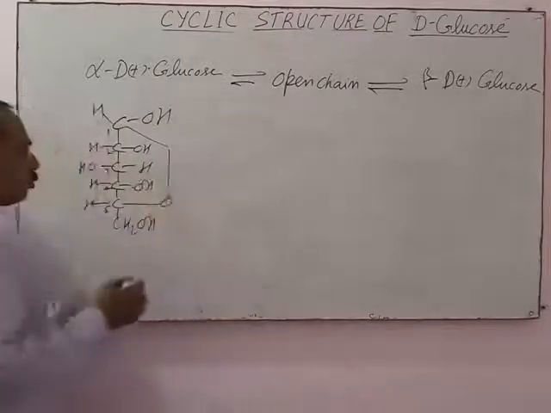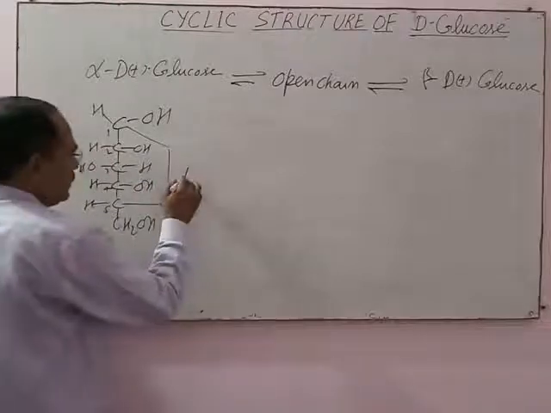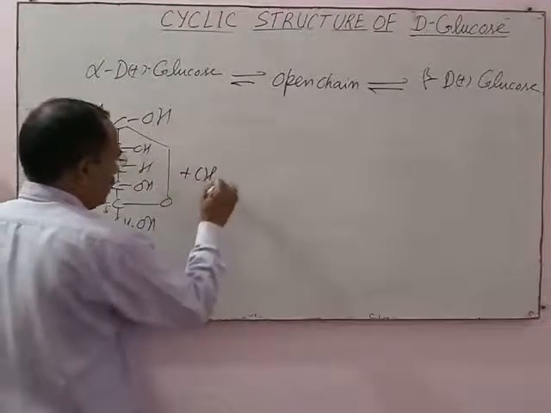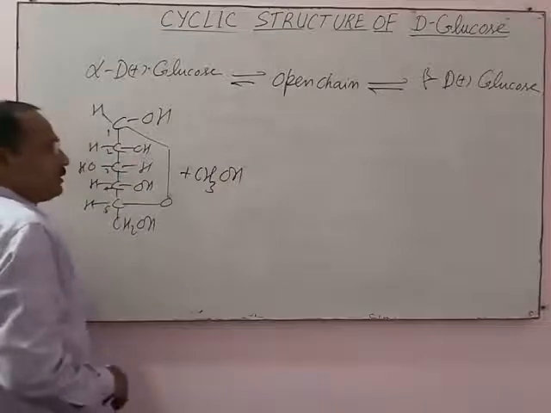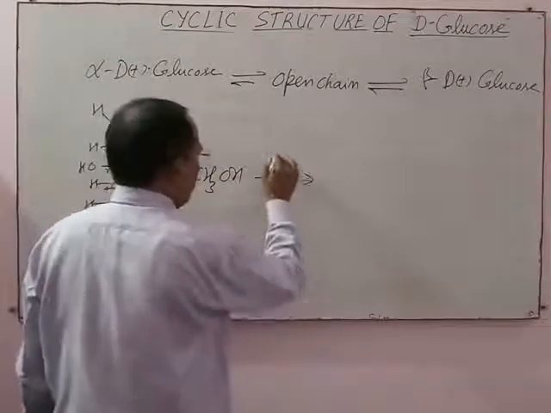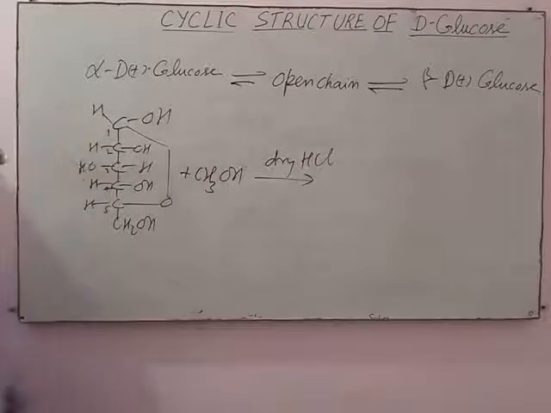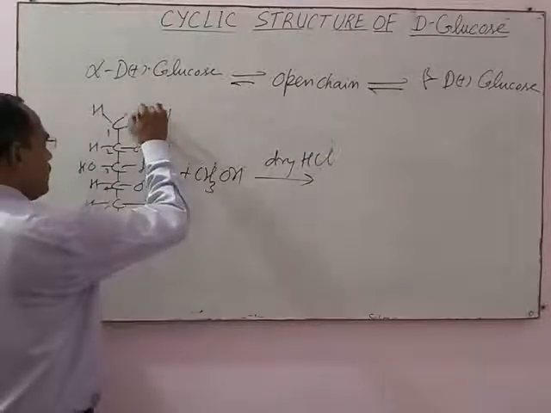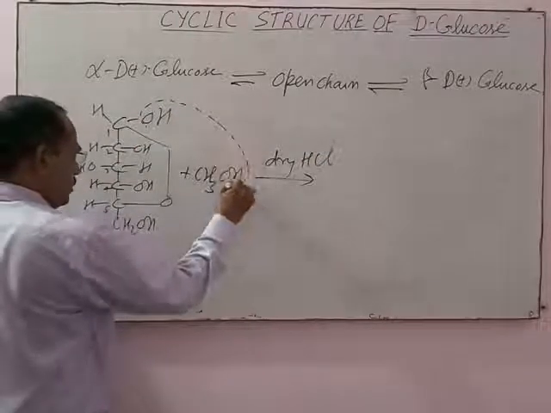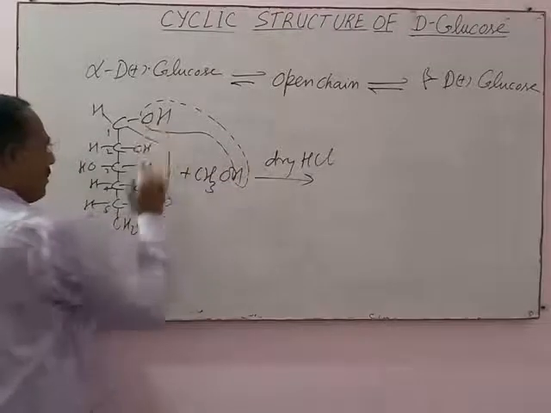When glucose is treated with methyl alcohol, CH3OH, in presence of dry HCl, then glucosides are formed.